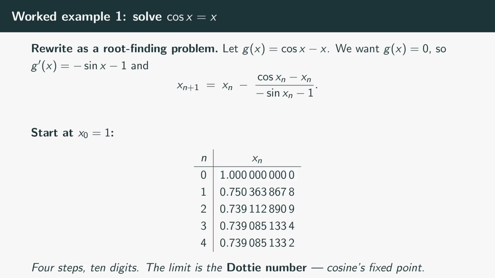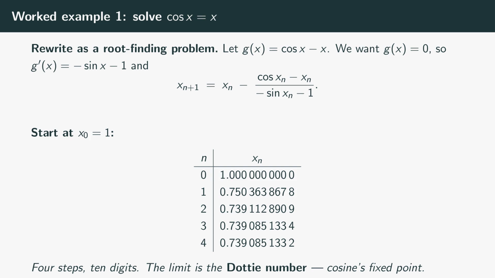Plug x1 in again. x2 comes out to about 0.7391. x3 is about 0.73908513334. x4 is about 0.73908513332, matched to 10 digits. 4 iterations. From a guess that was off by 0.26, we reached 10 correct decimal places in 4 steps.